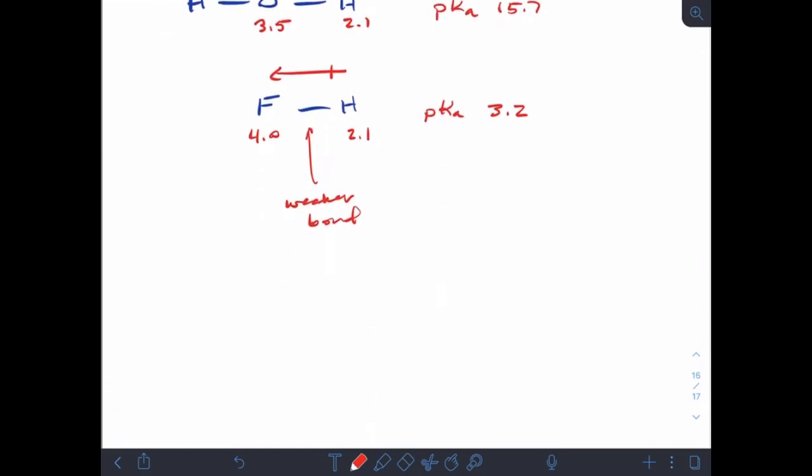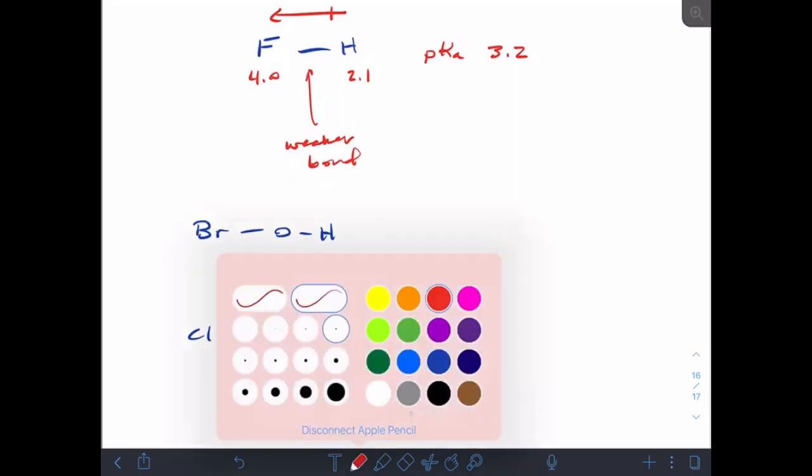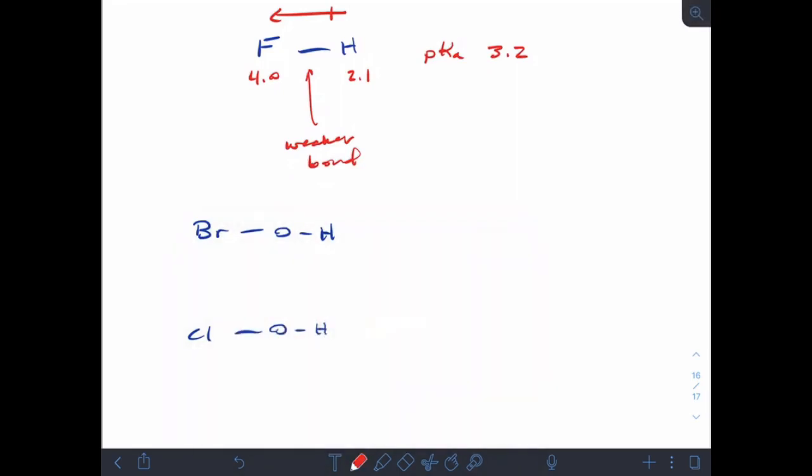Let's look at a couple of other examples. Bromine versus chlorine. Our electronegativity for bromine is 2.8, and our electronegativity for chlorine is 3.0.